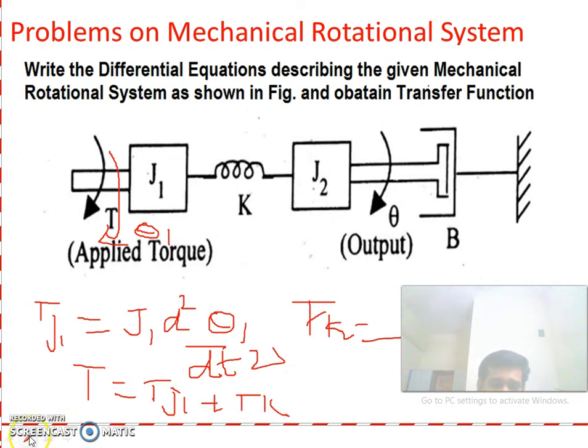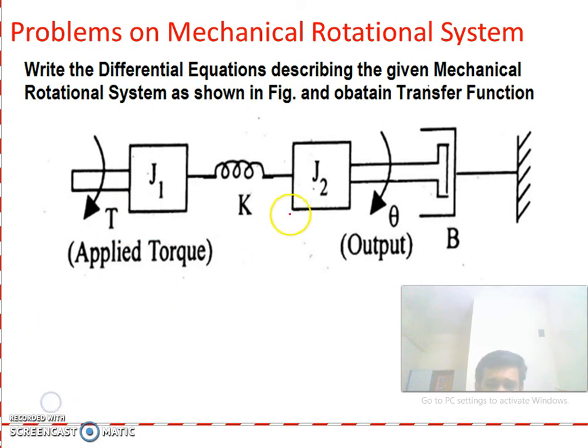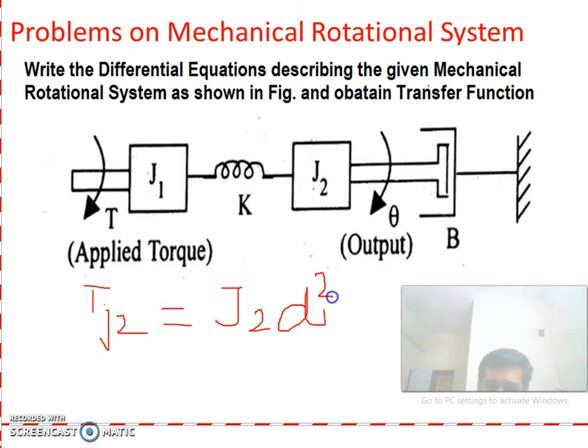Okay. Now we are coming to J2. The opposing torque in J2 is Tj2 equal to J2 into d square theta divided by dt square.